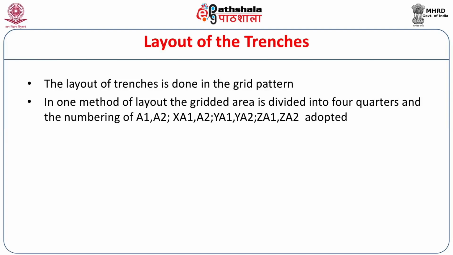In other quarters, they make it as X, the other quarter Y, and the third quarter as Z. This is one way of laying out the trenches, and it is not necessary that one has to adopt this particular way of laying out the trenches. Ideally, we should grid the entire site and then select certain quarters for excavation in the horizontal method.